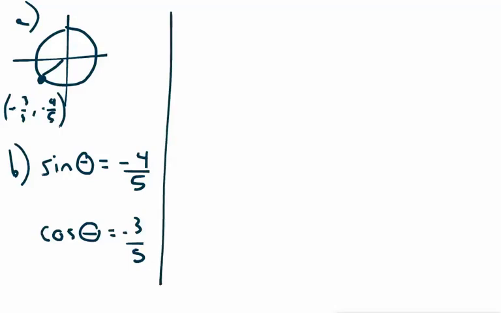I'm going to skip tangent just for a minute, and I'm going to move on to cosecant. Cosecant is the reciprocal of sine. So then cosecant would be -5/4.